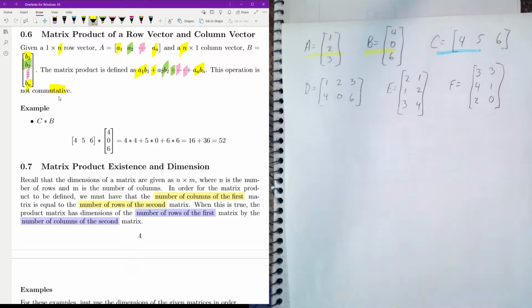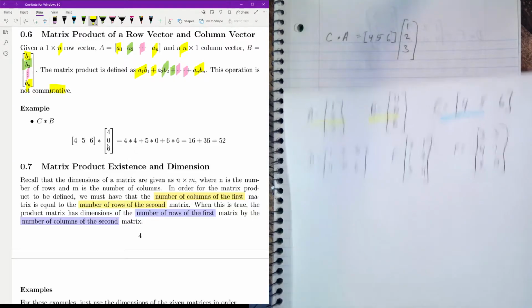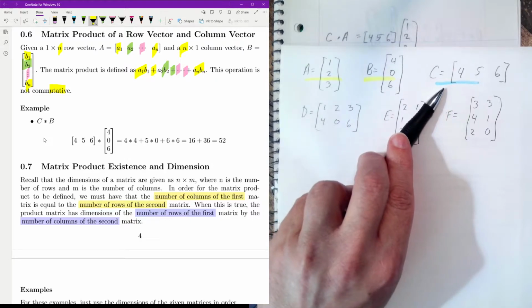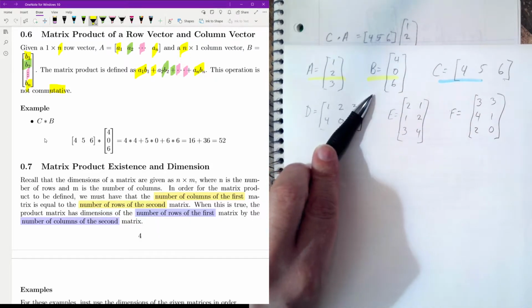I'm going to give an example here, and then I'm going to do one or two examples by hand. C times B. So C is this 4, 5, 6, and B is the column vector 4, 0, 6.